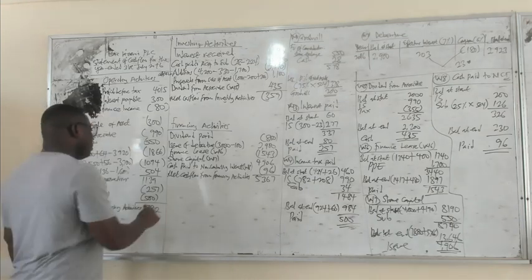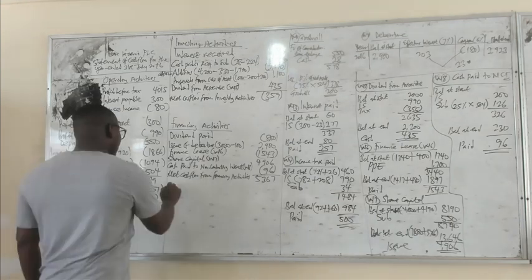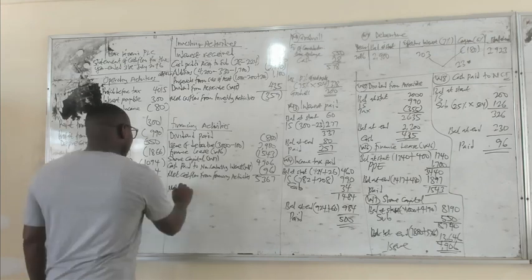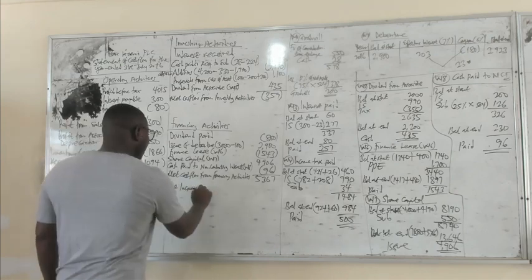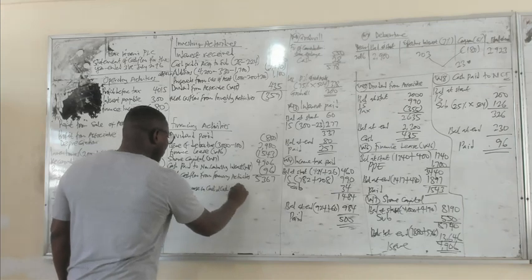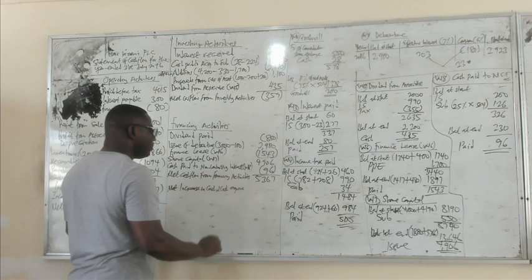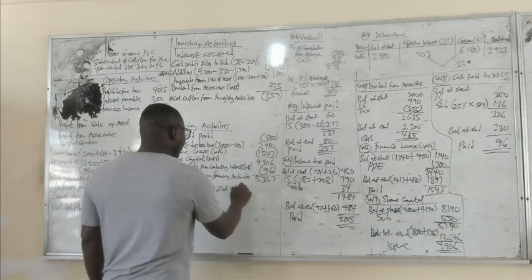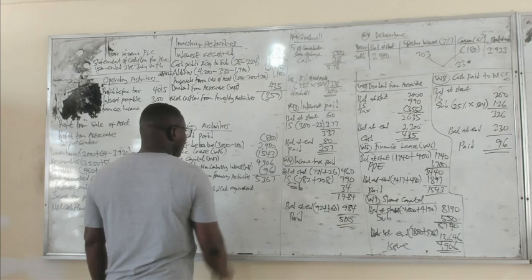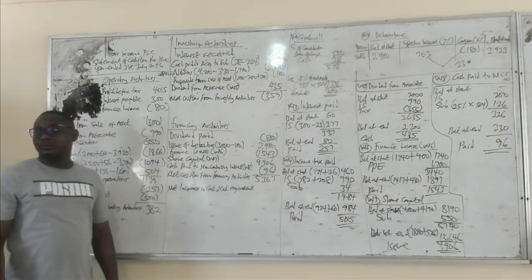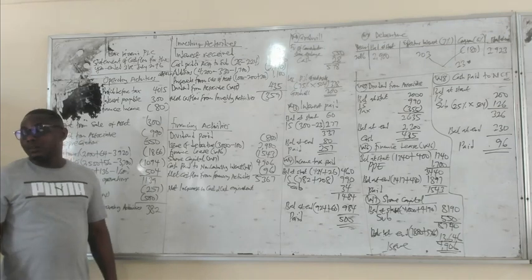That one will be net. I think it's going to be positive. So net increase in cash and cash equivalent. If it is negative, you call it net decrease in cash and cash equivalent. The net increase in cash and cash equivalent will be 5,309.